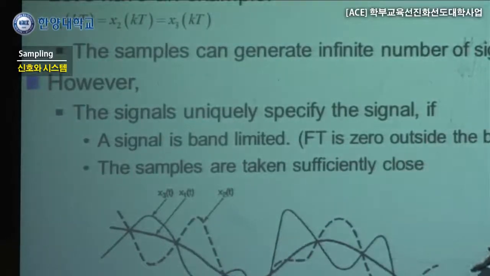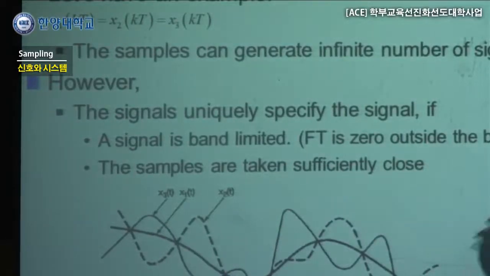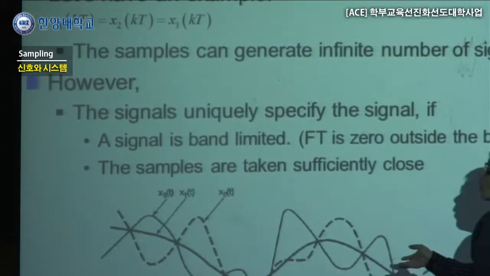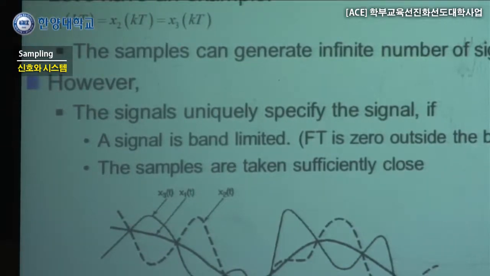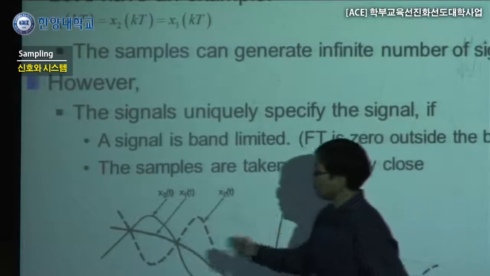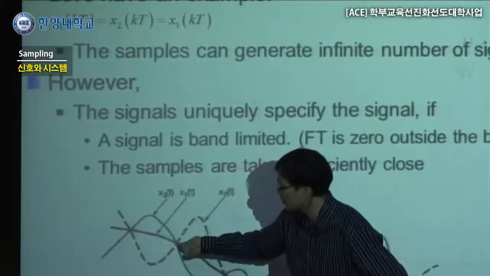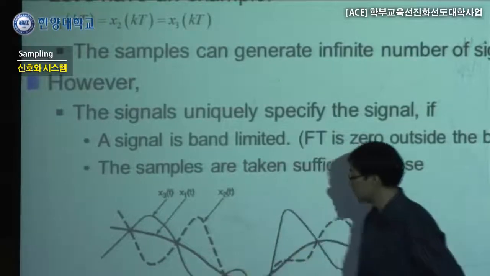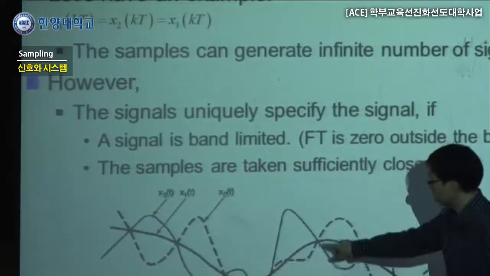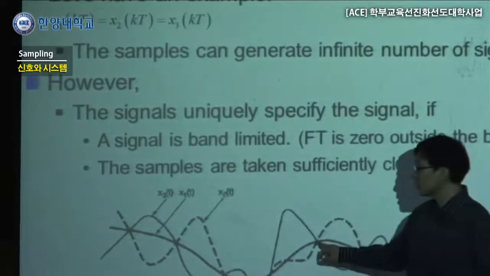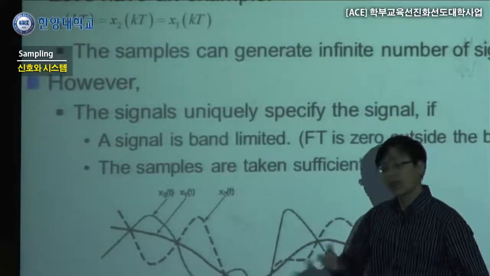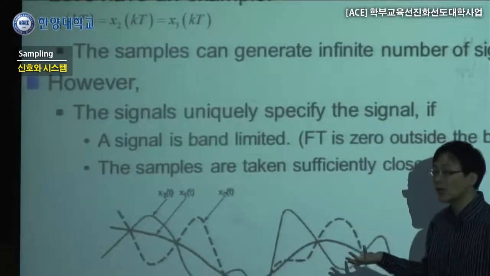Of course, these three signals are totally different signals. We know that. However, when you pick up samples at a spacing of t, if you happen to pick a point here, after t you pick up another point, and another, and another, actually these points are overlapping. This is a very exaggerated example.